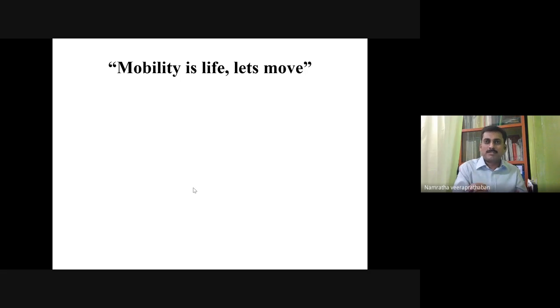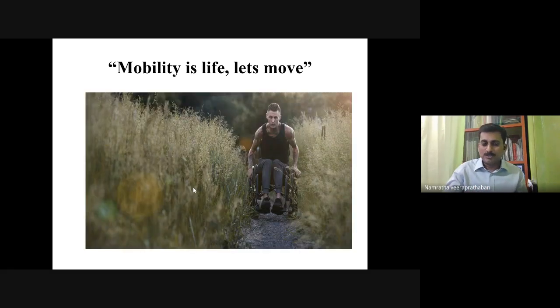Imagine a patient who is unable to move from one place to another because of his physical disabilities. Imagine his life. For us, mobility is life. So we professionals are going to help them move from one place to another, which means we are going to give them a life. I love this picture. Mobility is life. Let's move. Not only us, we have to help others to move.